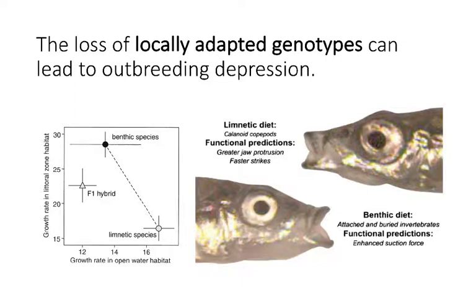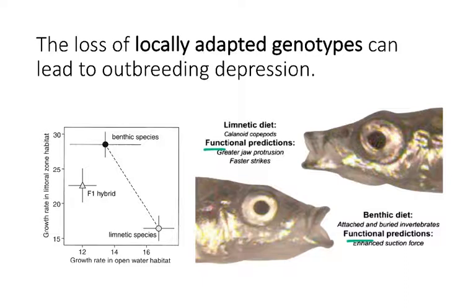The different diet also leads to differences in their jaw structure. And what happens if you then cross individuals from these different types? In their native habitat, they're locally adapted. They have the genes that give them the mouth morphology, for instance, to eat properly in these different habitats.